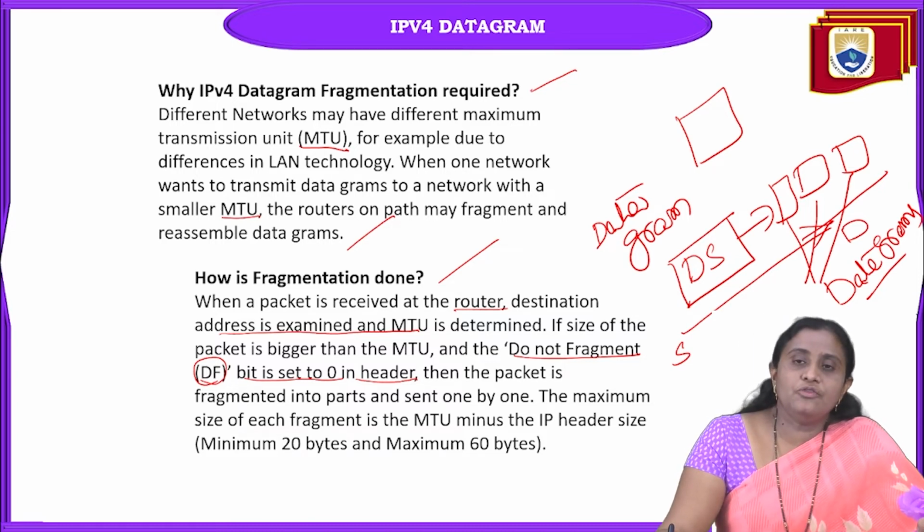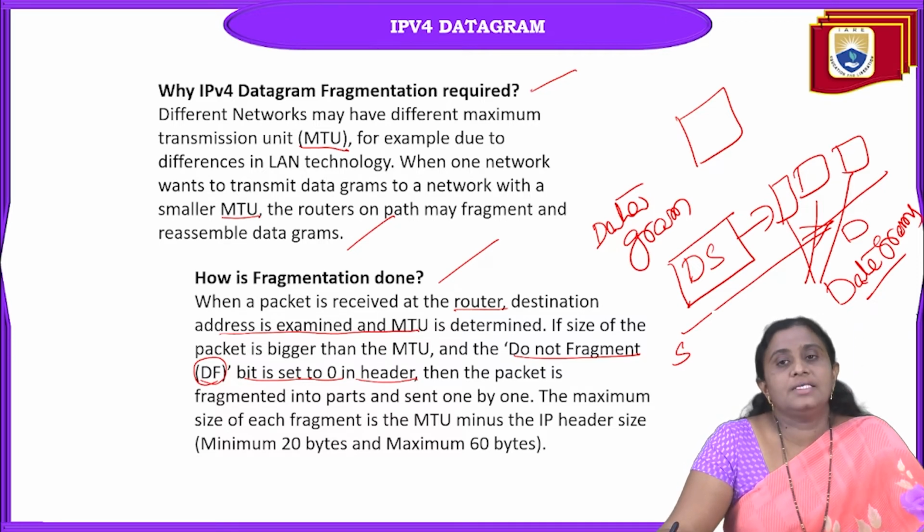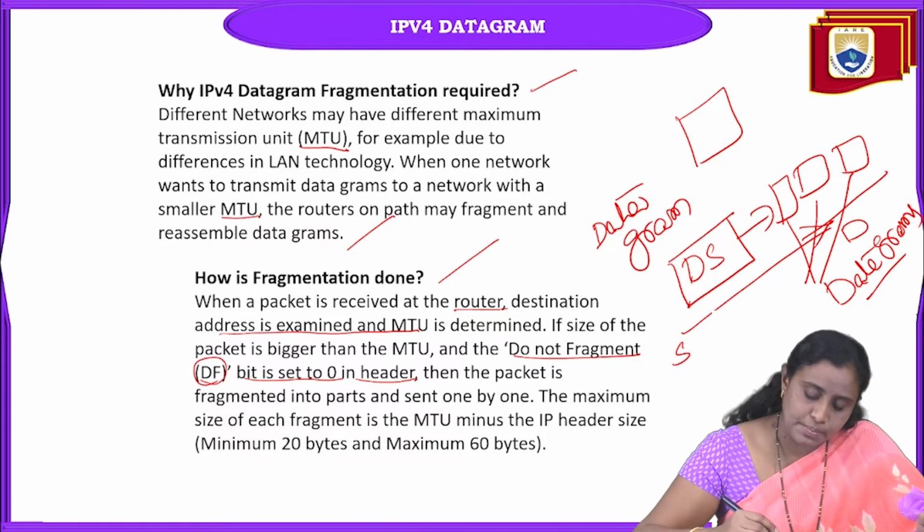The maximum size of each fragment is the MTU minus the IP header size, minimum 20 bytes and maximum 60 bytes.